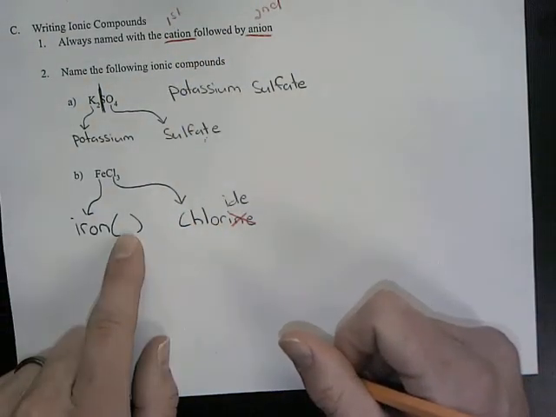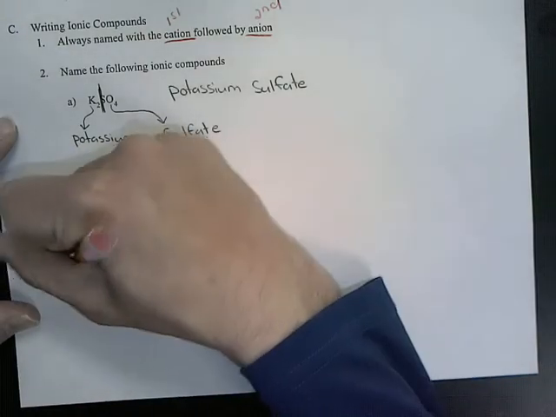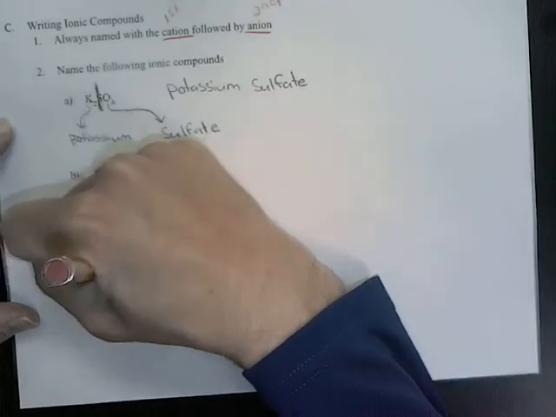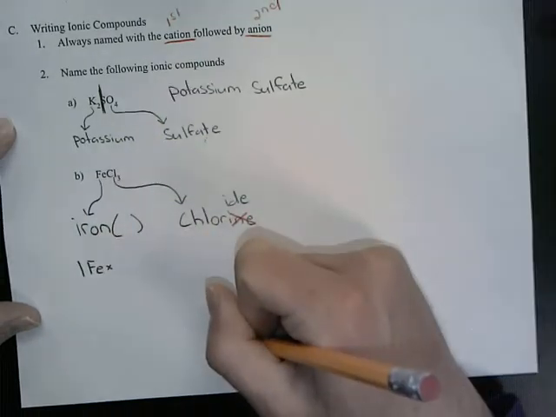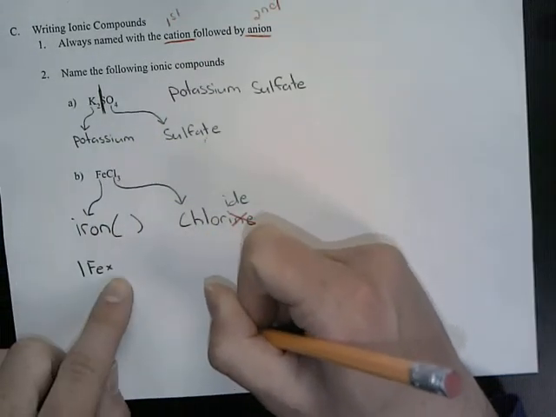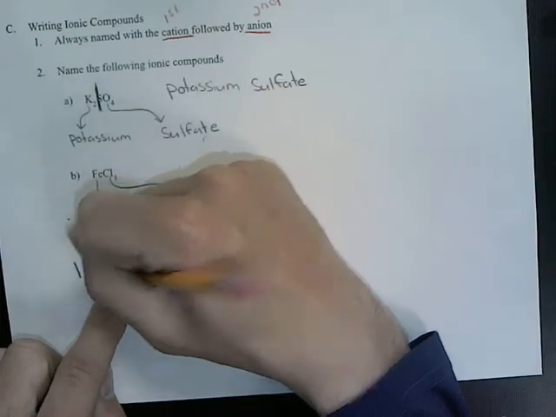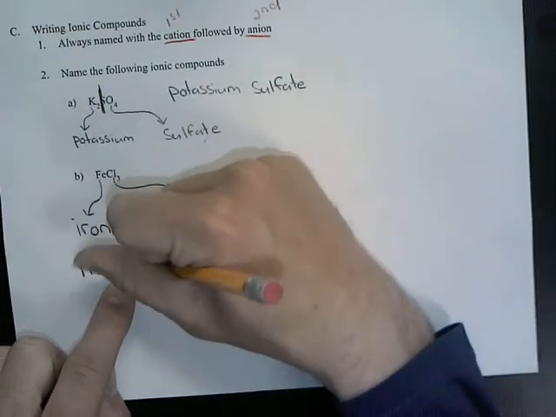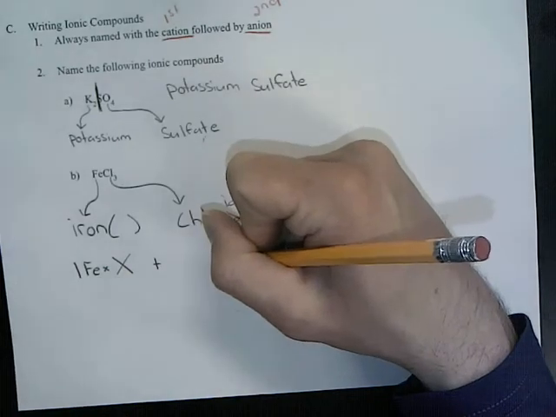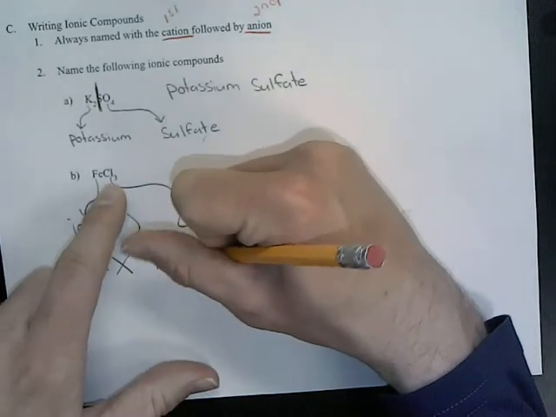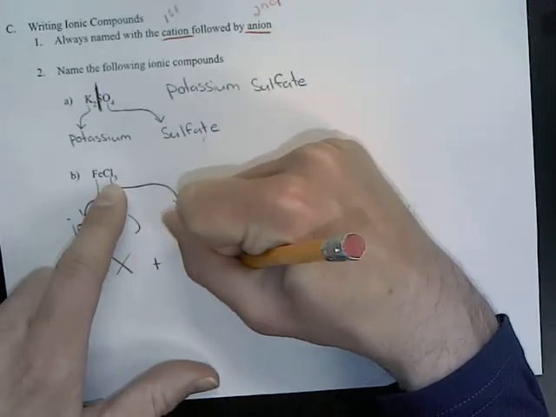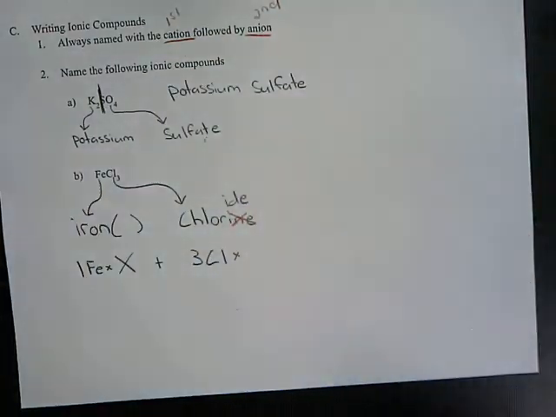The other thing we have to worry about is the charge. So we have 1 Fe times the charge of Fe, which we don't know. I'm going to label that as X, plus 3 Cl's times the charge of Cl.